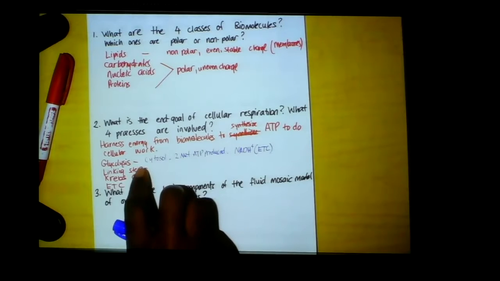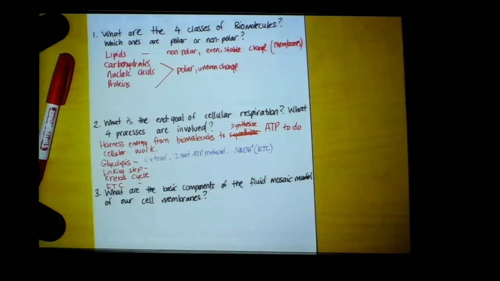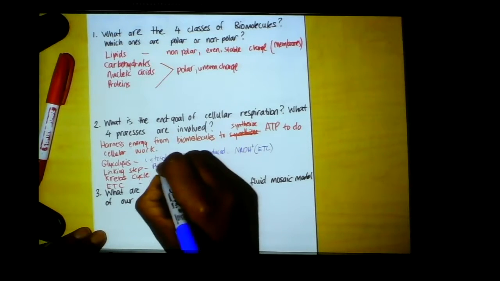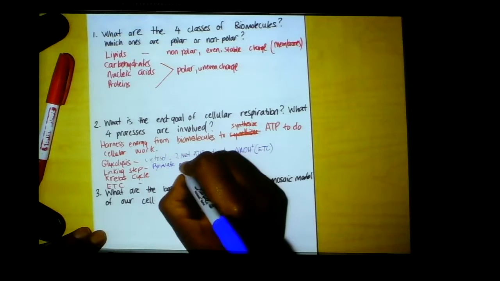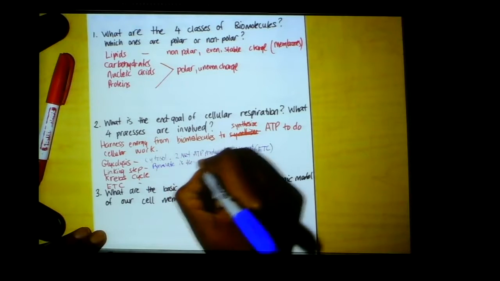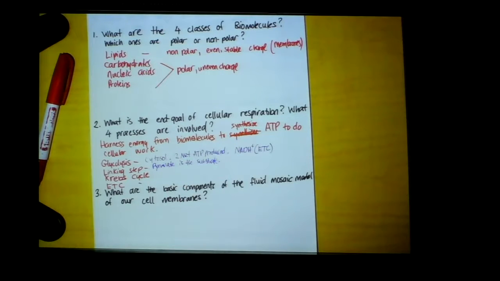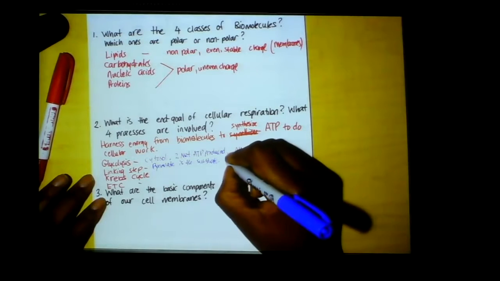What about this linking step? What's happening in this linking step? What's the substrate and what's the end product? Right, so pyruvate is our substrate. And what's our end product? Acetyl-CoA, perfect.